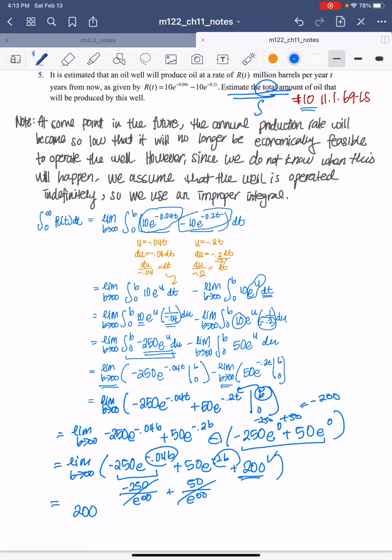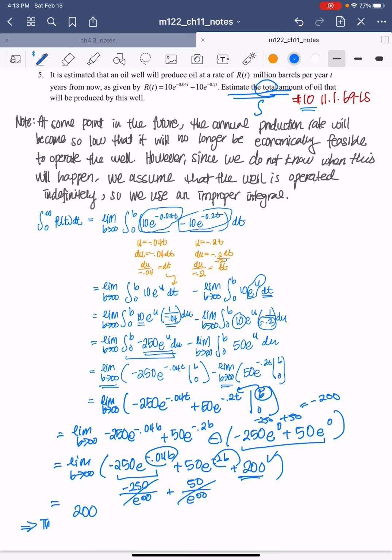So what does this mean? The total production over any finite time period from 0 to b, a certain number, is less than 200 million barrels. Okay, so this is what the interpretation means.